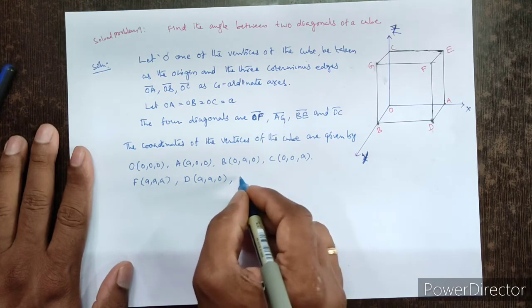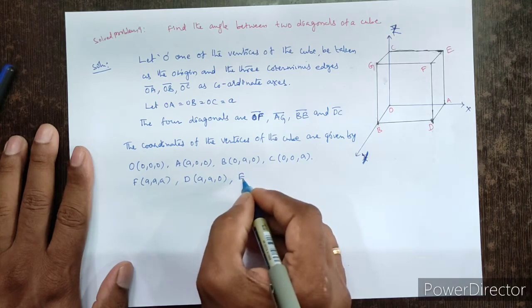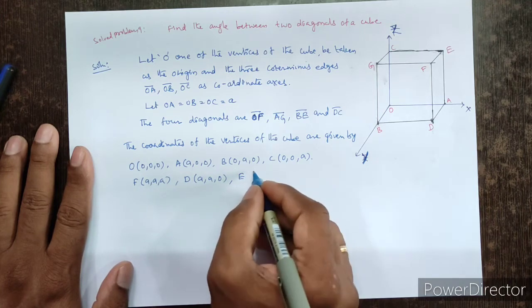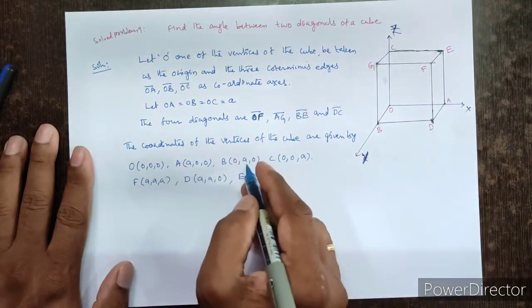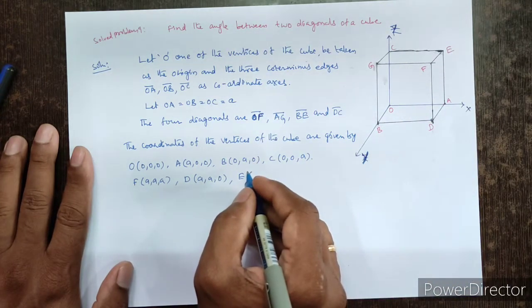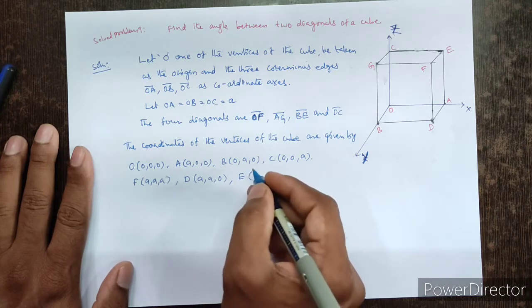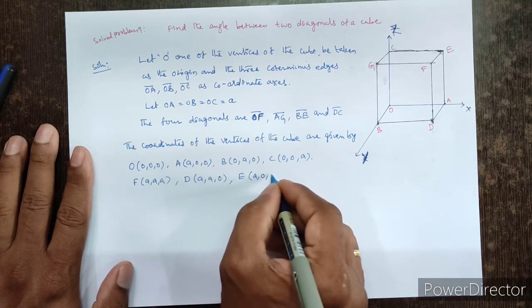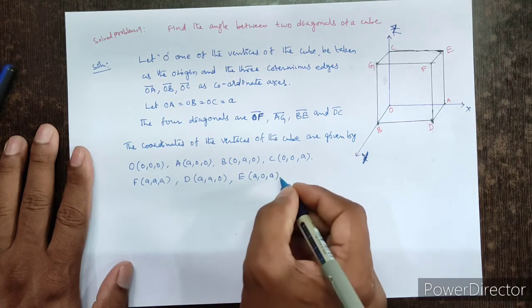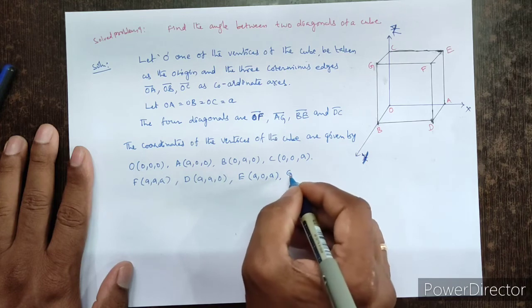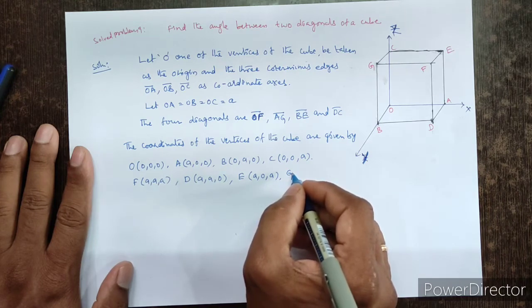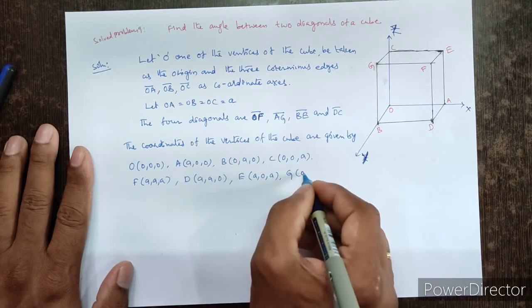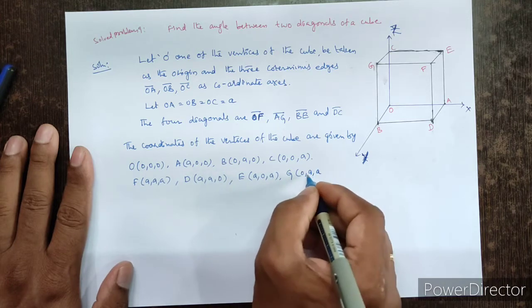E is in the xz plane, therefore y coordinate is 0, so E is (a, 0, a). And G is the vertex of the cube in the yz plane, therefore x coordinate is 0, so G is (0, a, a).